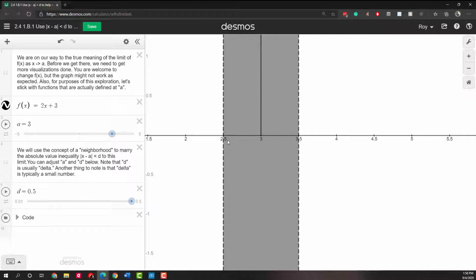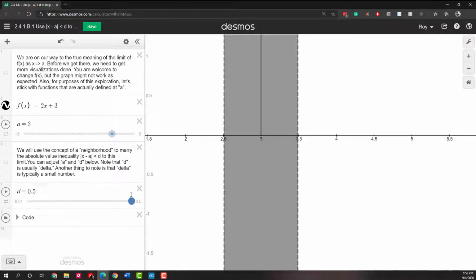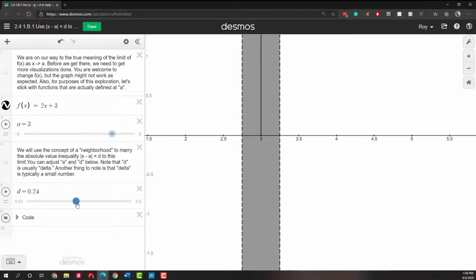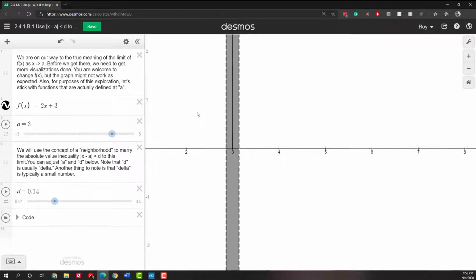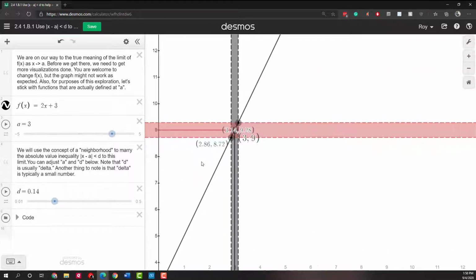It goes from 2.5 to 3.5, and you can tighten that neighborhood up if you want to. As long as we're grabbing x values from this neighborhood, even if that neighborhood gets really small, our y values for our function should continually get closer and closer to that 9.